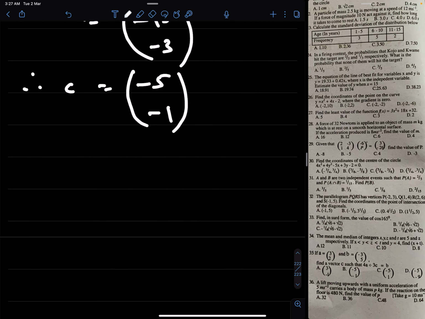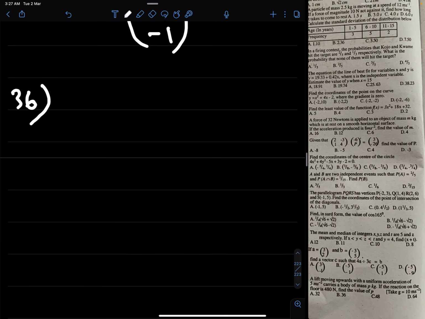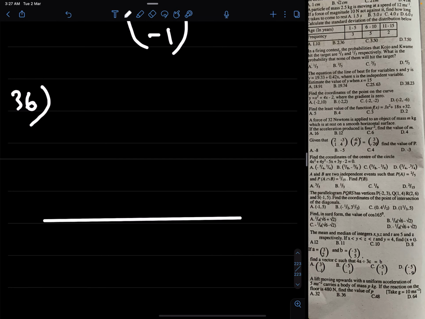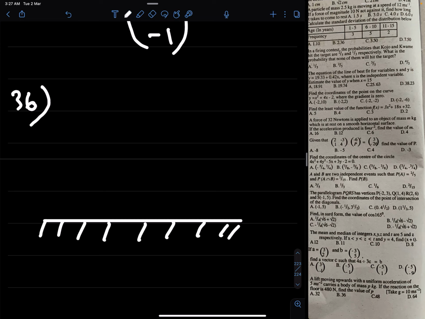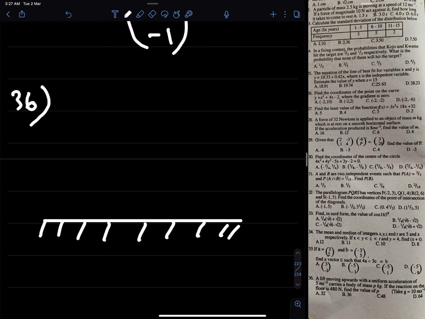Now to number 36. Number 36 is a lift moving upwards. Let's say this is a lift. Moving upwards with a uniform acceleration of 5 meters per second squared, it carries a body of mass p kilograms.